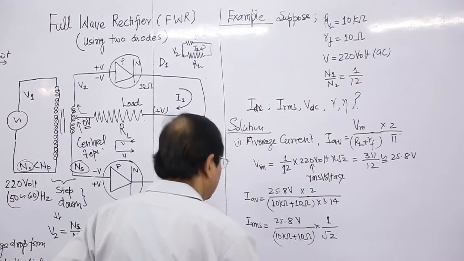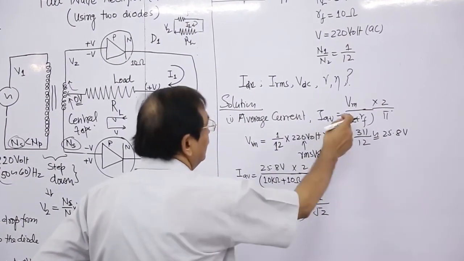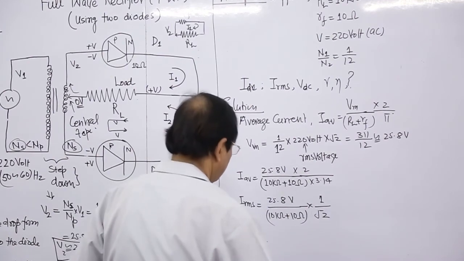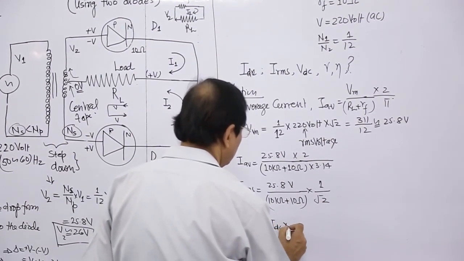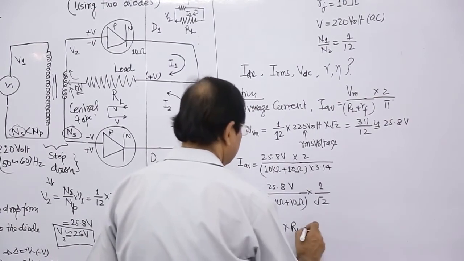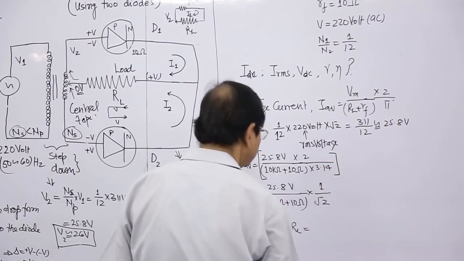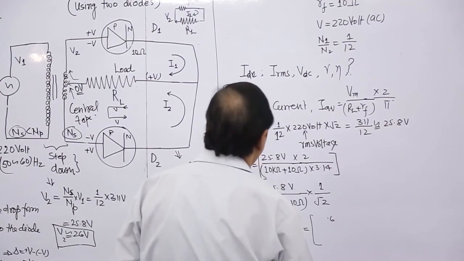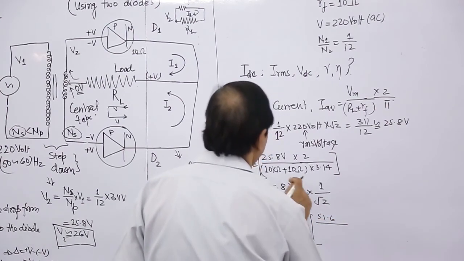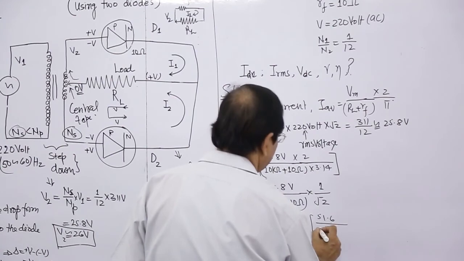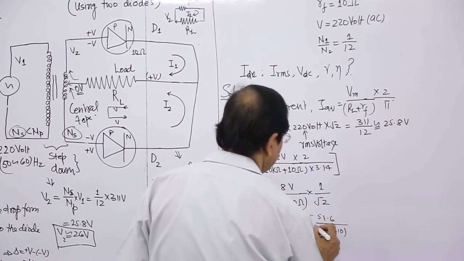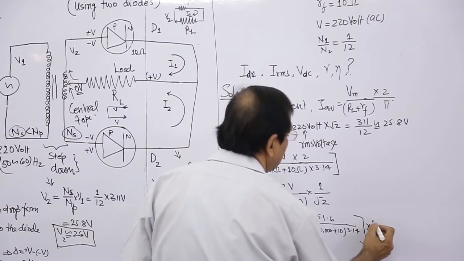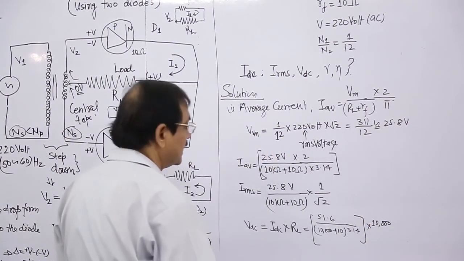And then VDC is IDC into RL, with the values substituted.